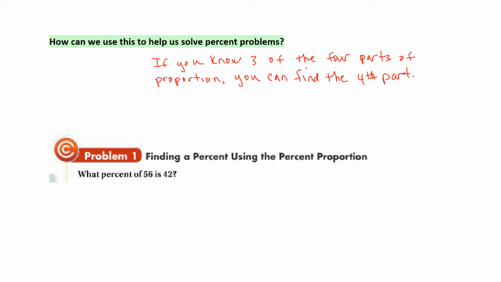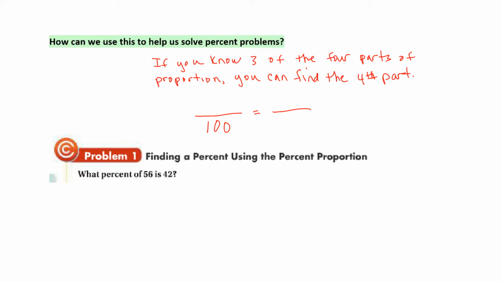So we know we're always going to have percent over 100 equals is over of. So of those remaining 3 parts, if I know 2 of those, then I can fill them in and solve for that remaining 4th part, because I know 100 will always be there. I will always have some part of the percent over 100.